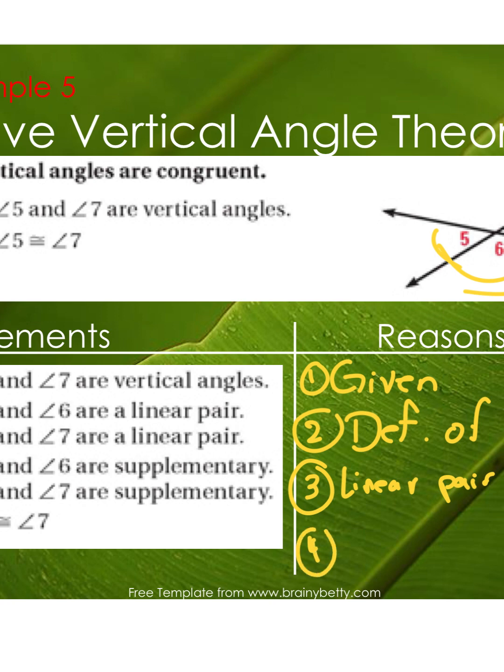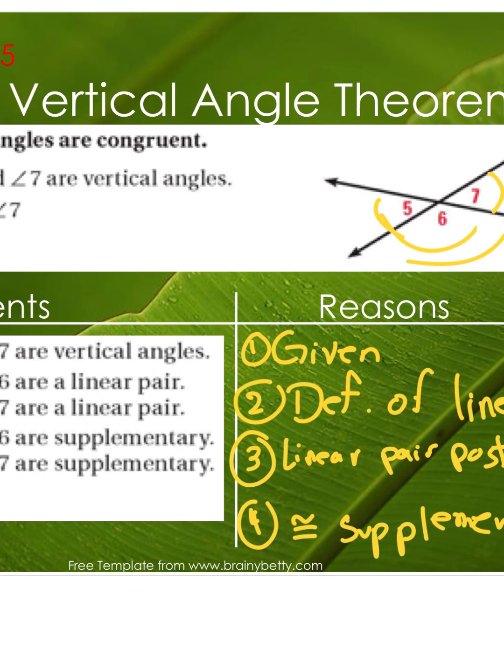And number 4 is that angle 5 is congruent to angle 7. So congruence supplement theorem. So I'm just going to do a little equal sign with the squiggly, which is the congruence sign. Supplement theorem.